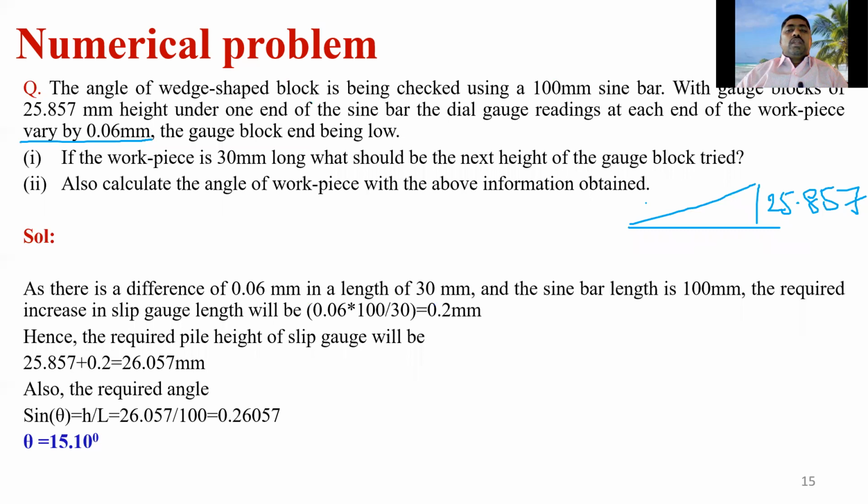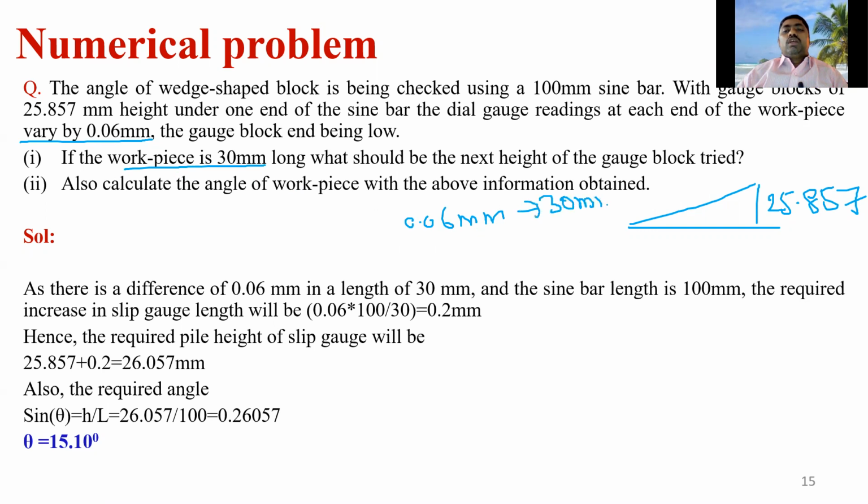And if we move the dial gauge over this, the error we observed is 0.06 mm on the workpiece length of 30 mm. So this is the error on 30 mm length.